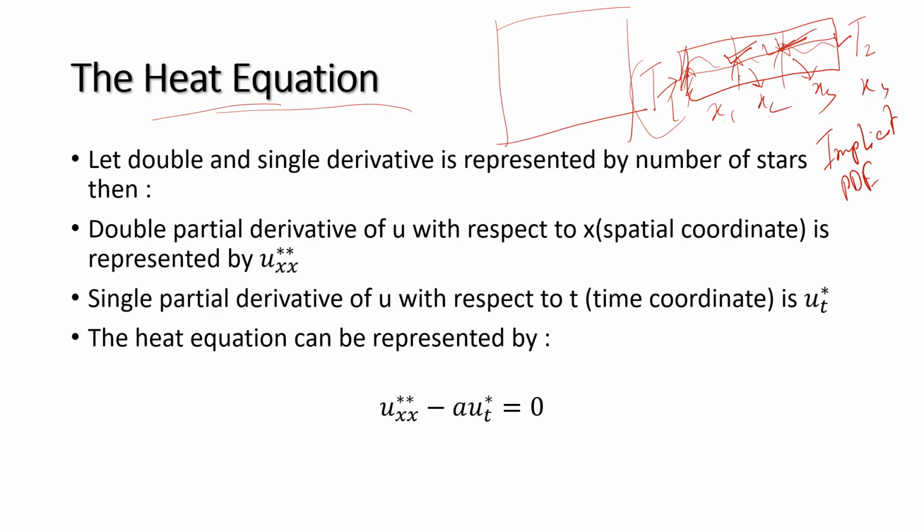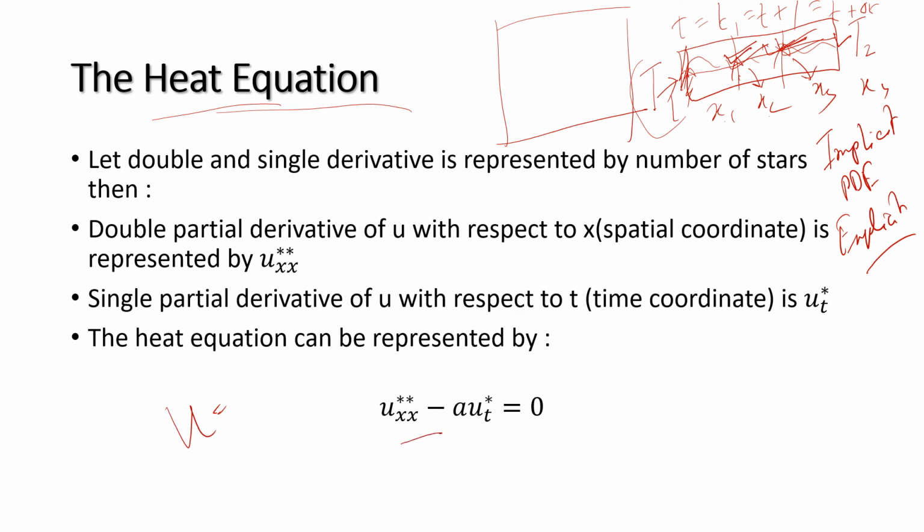But whenever I want to know what is the temperature at this point and this point, after time t is equal to t1 or t plus 1, or you can say t plus del t, then it becomes explicit and the solution becomes explicit solution also, right? So just note that this U is actually the heat or temperature.